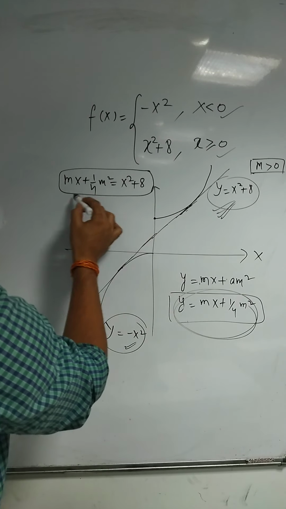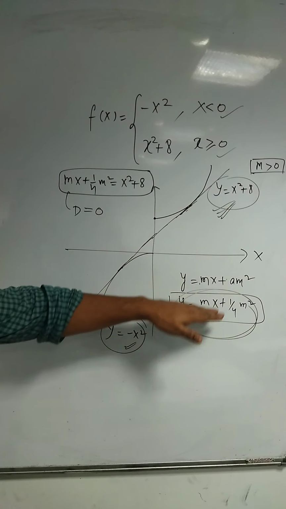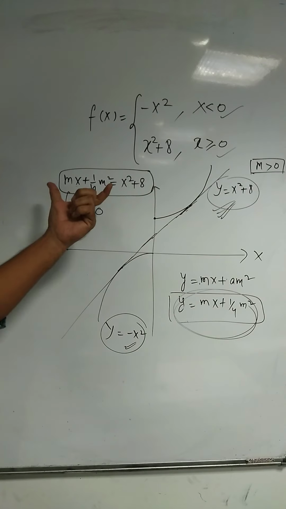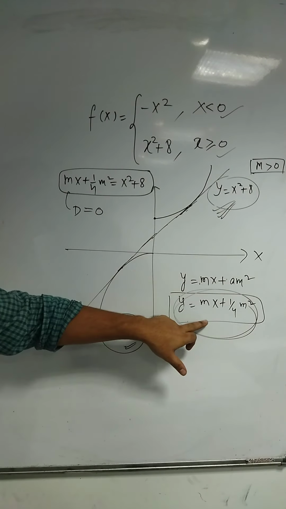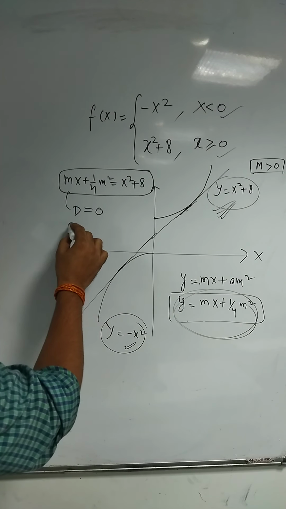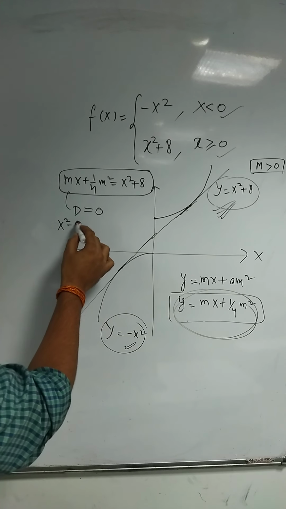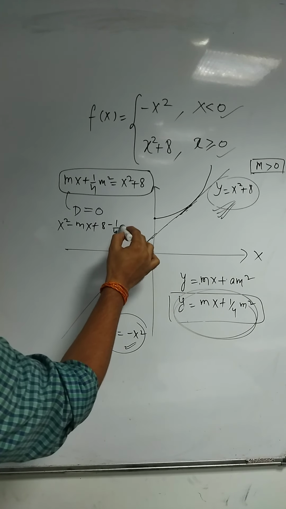The discriminant of this quadratic will be 0 because this line is tangent to it. We will solve this and the discriminant will be 0. This is x square minus mx plus 8 minus 1 by 4 m square.